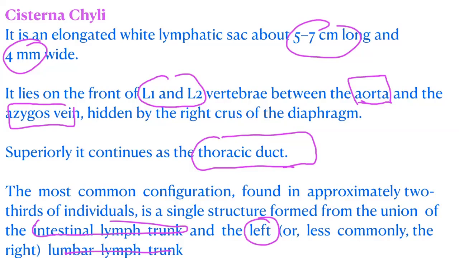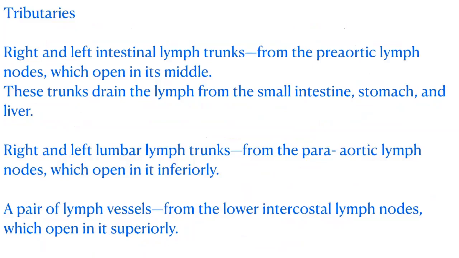That is the usual configuration in 2/3 of individuals, and in the remainder both lumbar trunks, both right and left, and the intestinal trunks form the cisterna chyli. We'll see that.